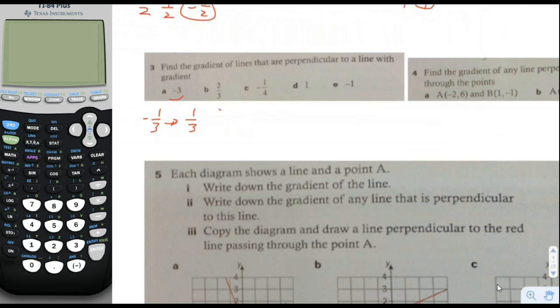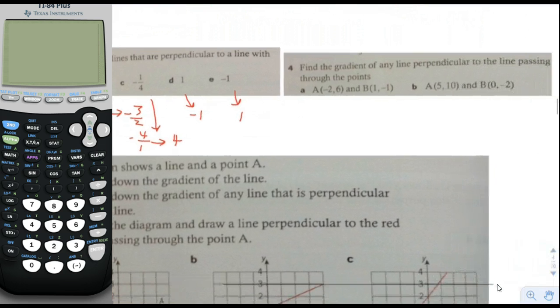What about 2/3? We're going to take the reciprocal, 3/2, and then we take the negative, -3/2. What about -1/4? We're going to turn it over, -4/1, and then we take the negative, it's going to be 4. 1 is going to be -1, -1 is going to be 1.